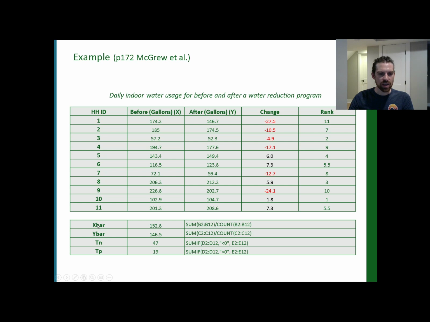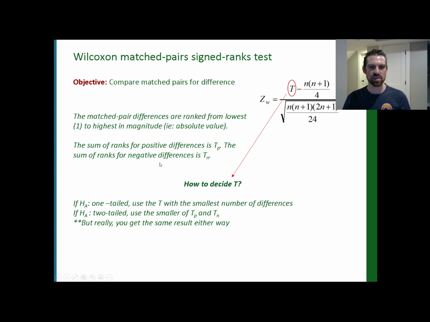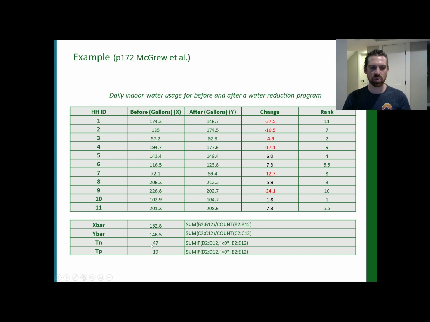And you can calculate the x bar, so the mean of the x sample and the mean of the y sample here, which gives you 152.8 and 146.5 respectively. And the Tn, the sum of the ranks for the negative differences, is 47, and the sum of the ranks for the positive differences is 19.